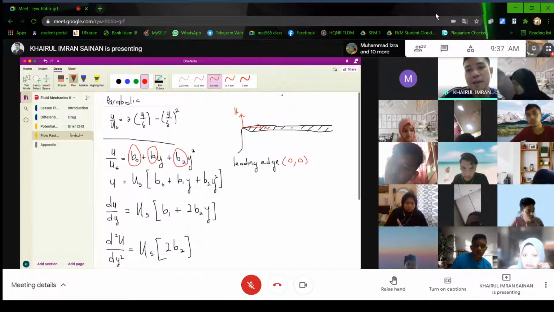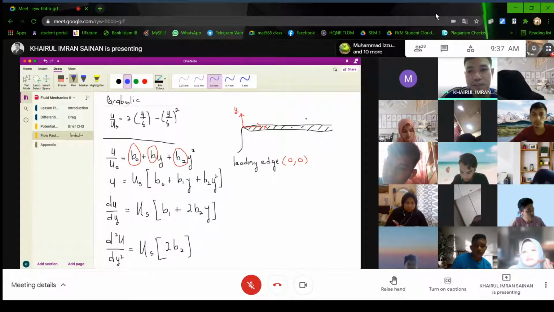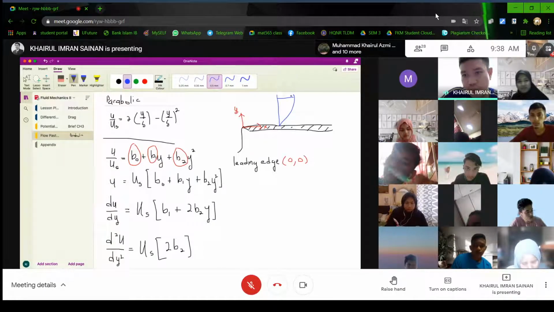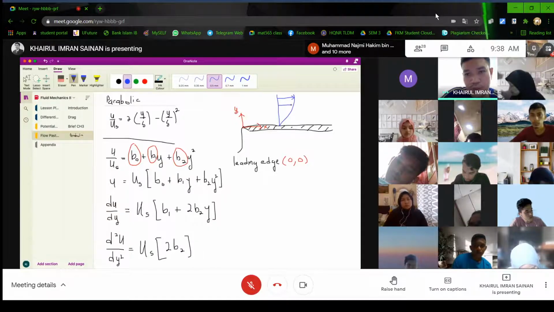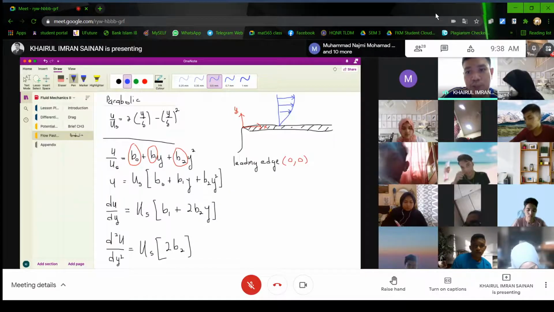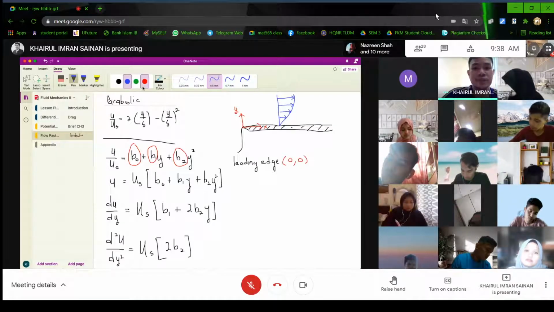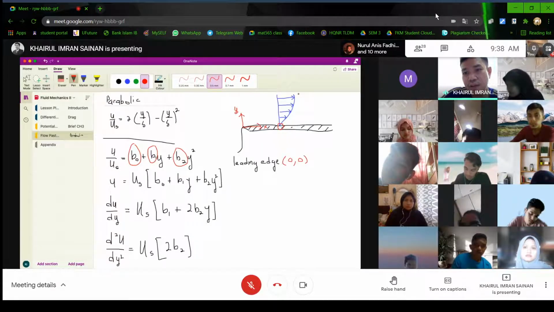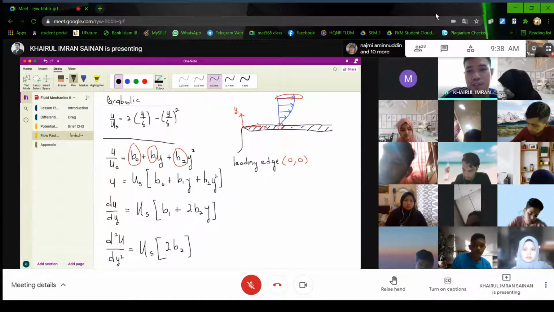Okay, now take a look at our profile. Our profile will be assumed to be something like this. Even though it is parabolic, cubic, or sinusoidal, when we apply boundary conditions, we assume it to be like this. So you're gonna have BC, and you're gonna have BC, which is this height.